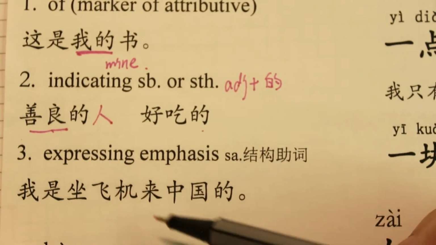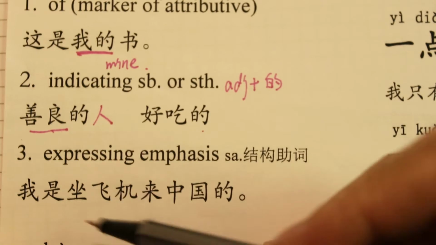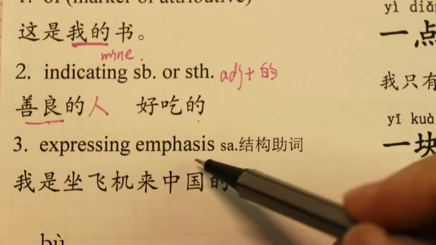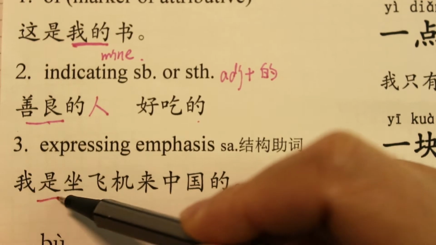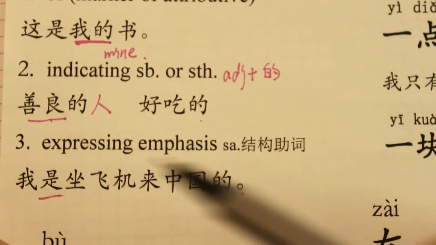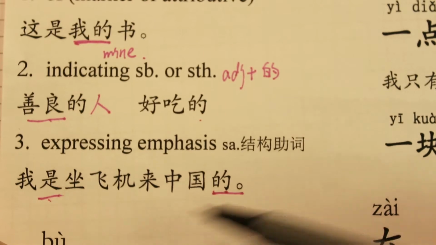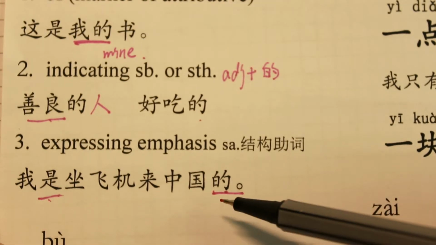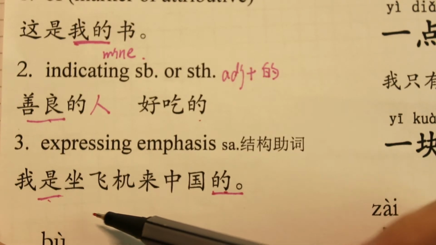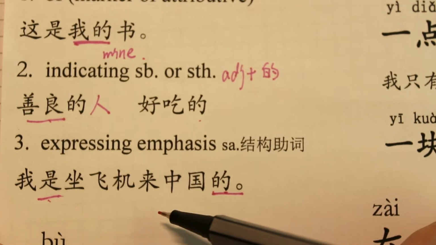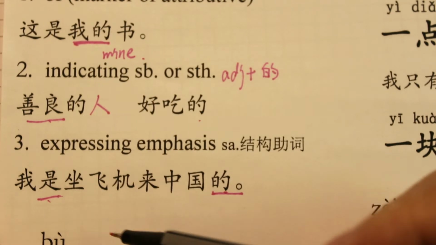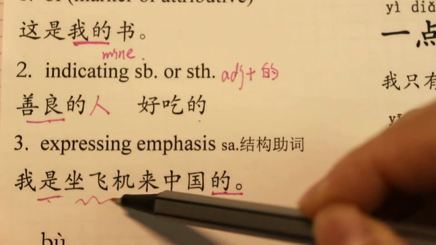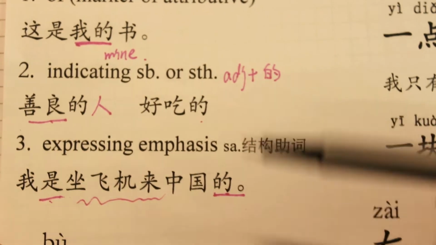So we also use 的 in a very important structure if we're expressing emphasis. So here 是什么什么的. This sentence, 我是坐飞机来中国的, I took the plane to come to China. 是什么什么的, you will emphasize this way that I come to China.